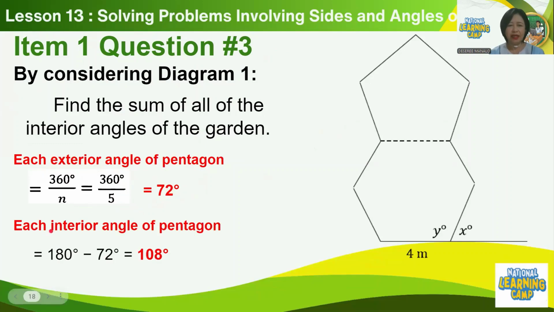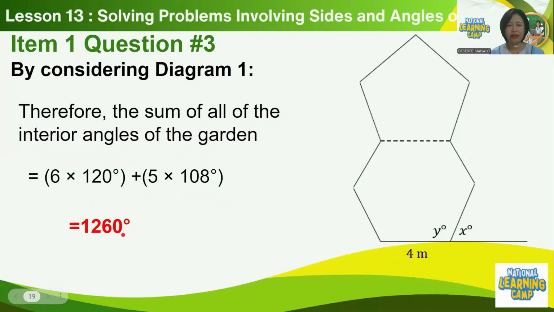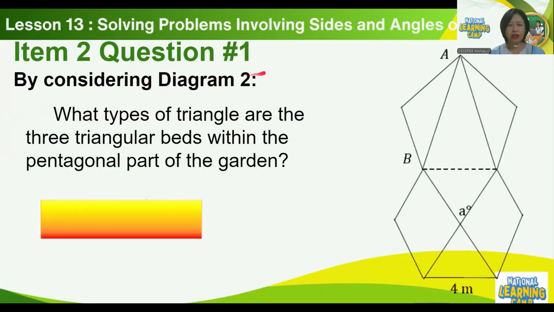For each interior angle of a pentagon, subtract 72 degrees from 180 degrees, and the answer is 108 degrees. Therefore, the sum of all the interior angles of the garden is 6 times 120, plus 5 times 108 degrees, which gives us 1,260 degrees.